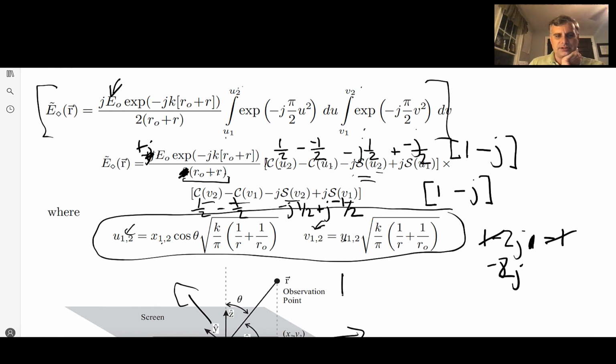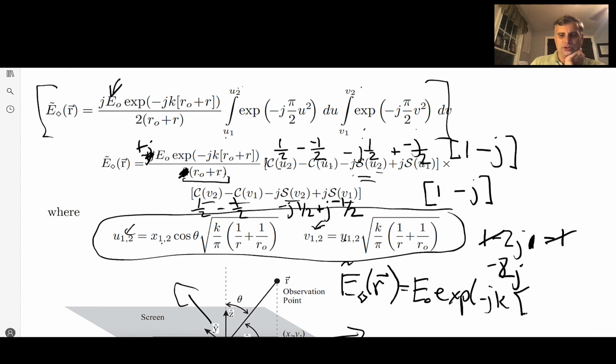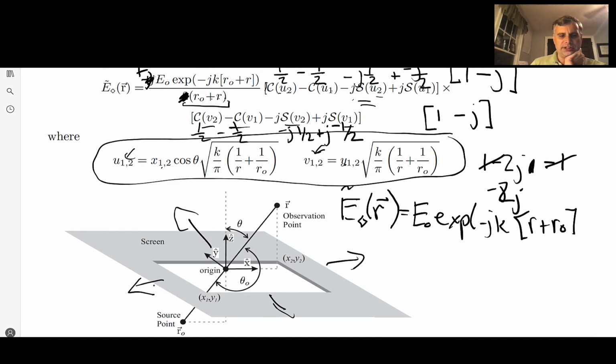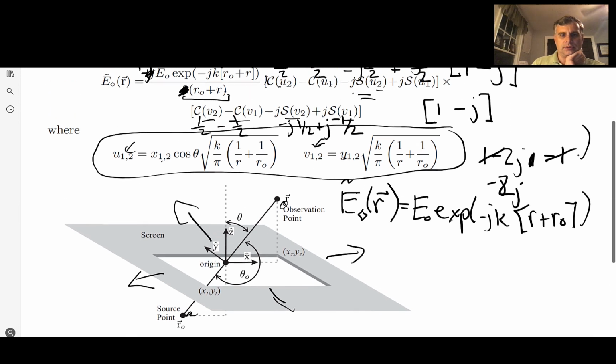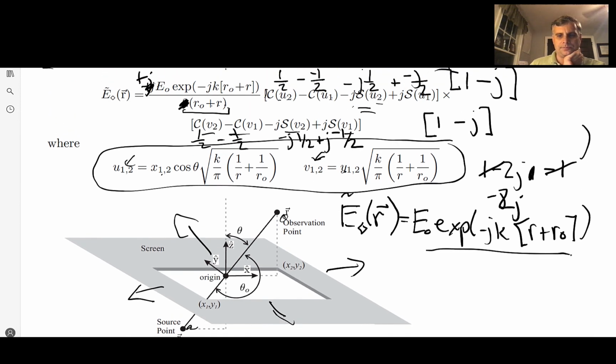So what I'm left with is a field solution that looks a lot like just free space propagation: exp to the minus jk, total distance between source point and observation point, divided by the distance traveled, just like a free space wave. Oh, it's always nice when that works out. Those kind of sanity checks are always very important.